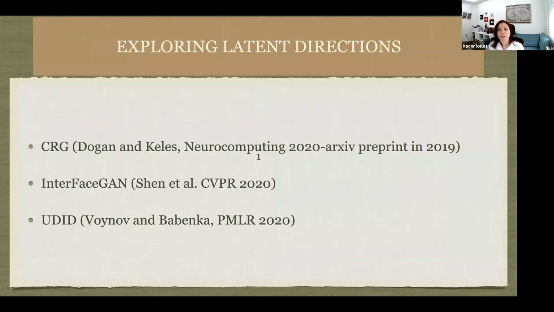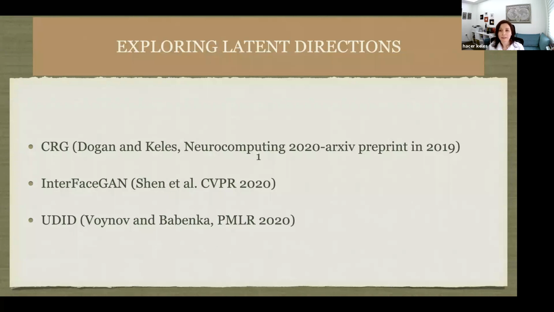The second branch of research, which our research also belongs to, is working on latent space exploration rather than focusing on Z factorization. Here, instead of trying to force disentanglement in the Z dimensions, the researchers focus on identification of linear directions within the generator space.